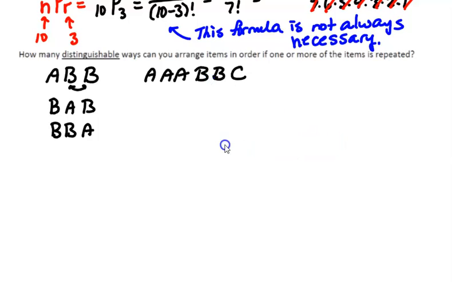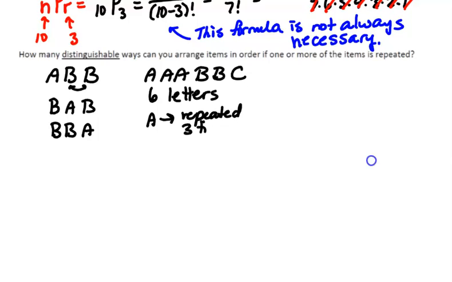So here's how I would figure this out. Number one, I have 6 letters. A is repeated 3 times. B is repeated 2 times.